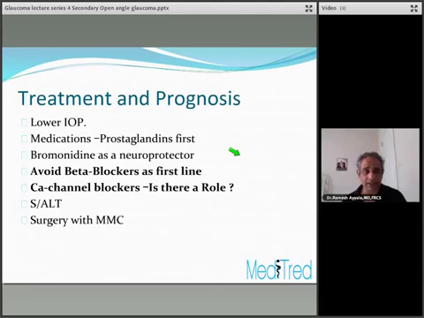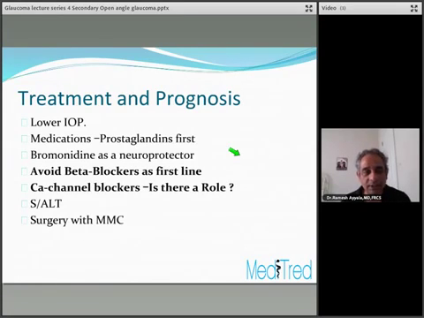They demonstrated in that particular paper by Ted Krupin that brimonidine, because of its so-called neuroprotective action, improved the visual field and decreased the visual field loss compared to timolol. This particular observation was not observed by other glaucoma specialists, and has to be proven again.